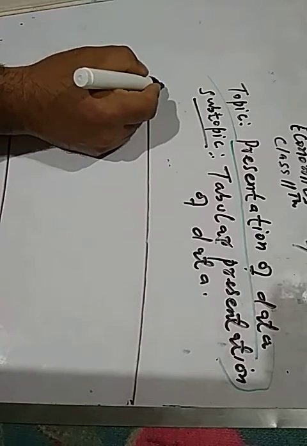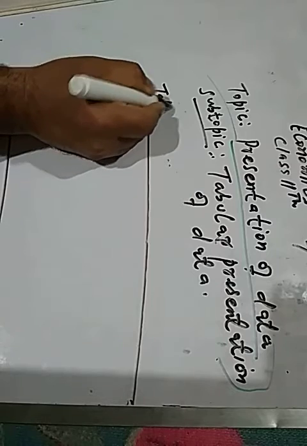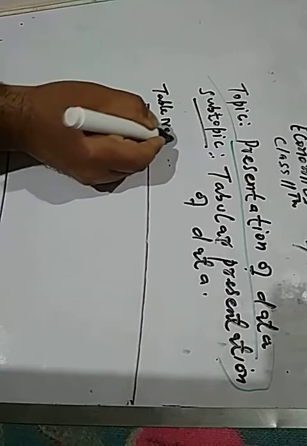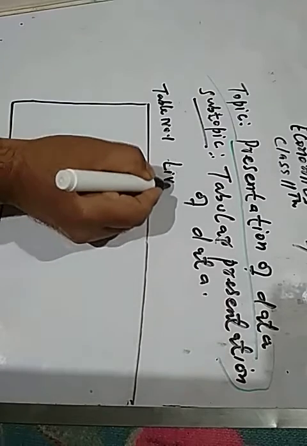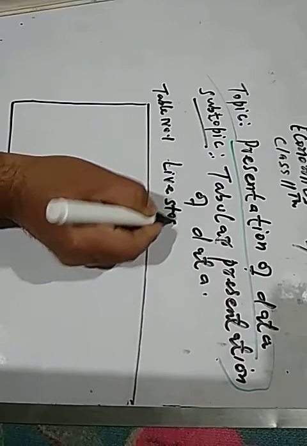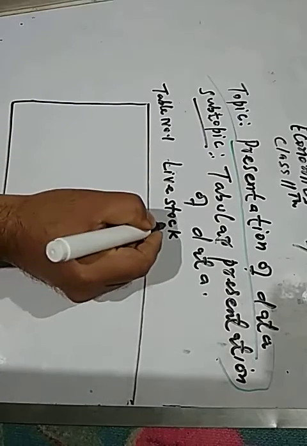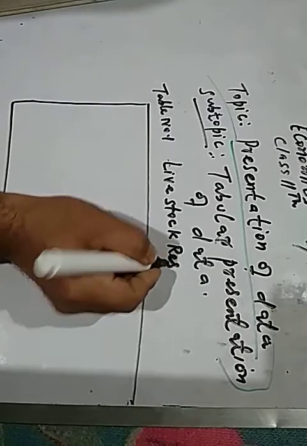I will draw a big table so that it will contain more data. Let us suppose table number 1, and the title is Livestock Resources in India.